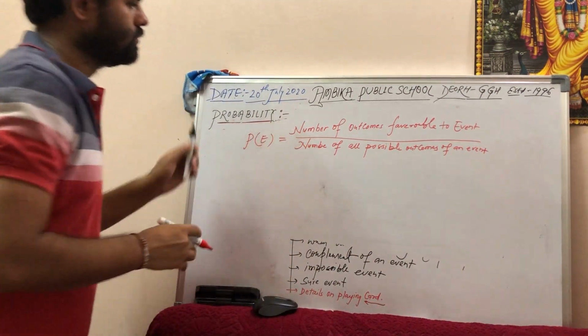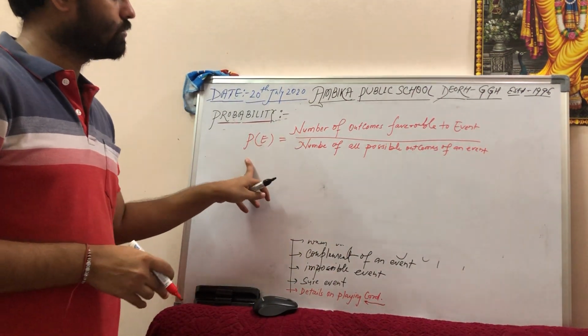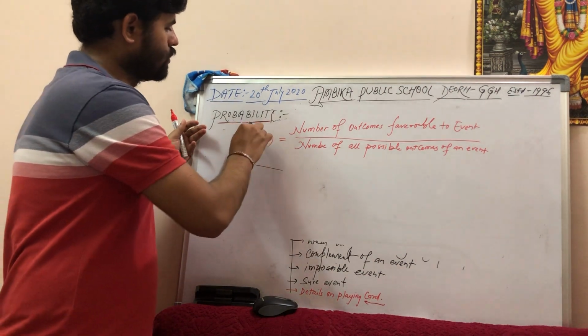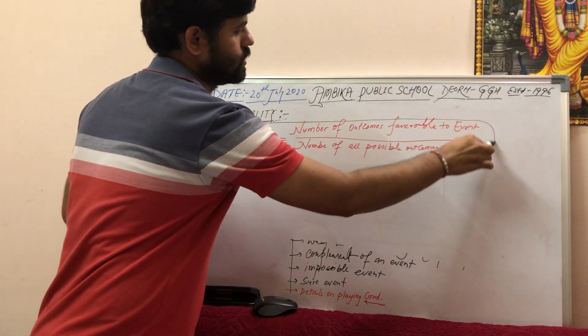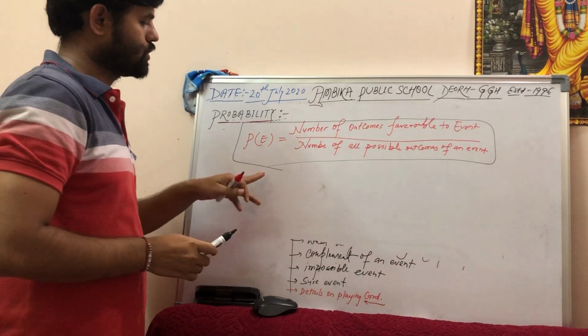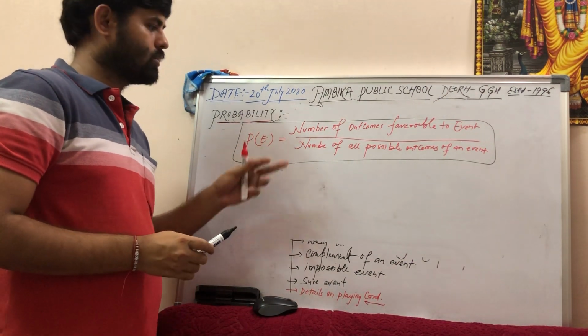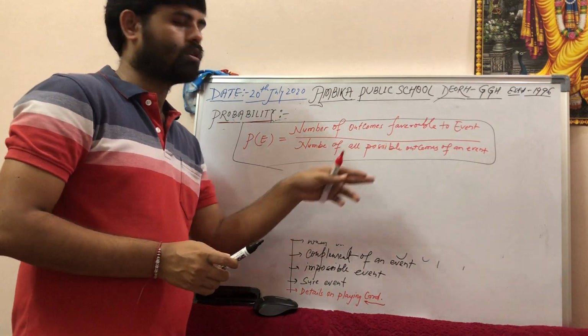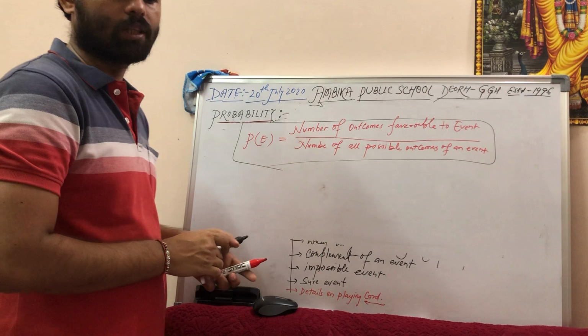See, this is the formula, and you have to work on this formula only in the whole book. In this probability chapter, all the questions use this formula. How we think about the outcomes and the possible outcomes, you will see from the example, then you will understand.